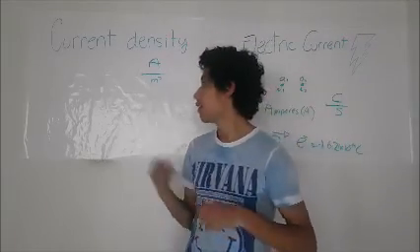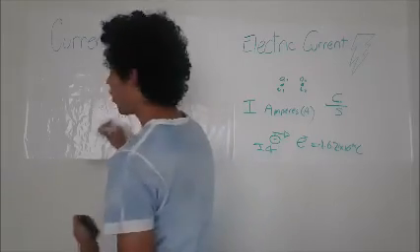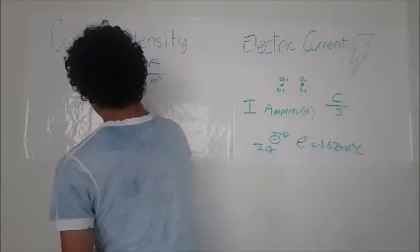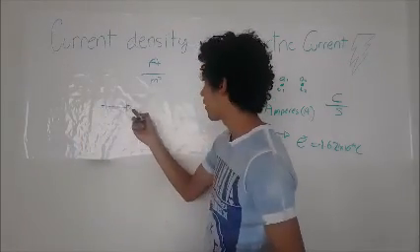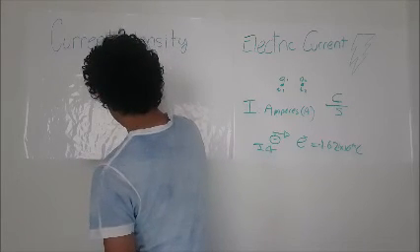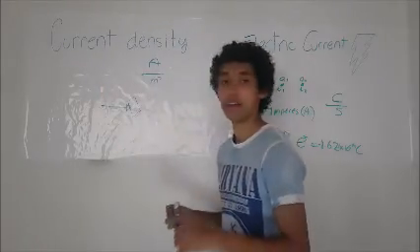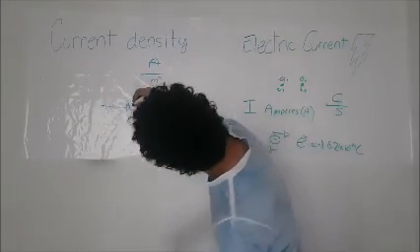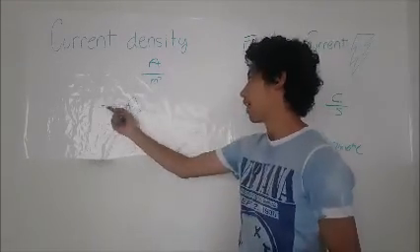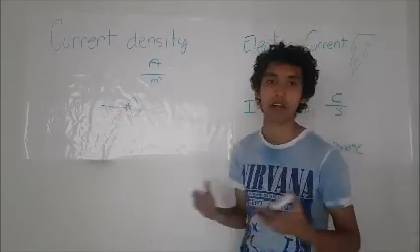And the area is measured orthogonally, or perpendicular, to the current. Let's say this is the current, and we have an area like this. My best attempt of a 3D plane. The area is measured like this, and the current is perpendicular when we are measuring current density.